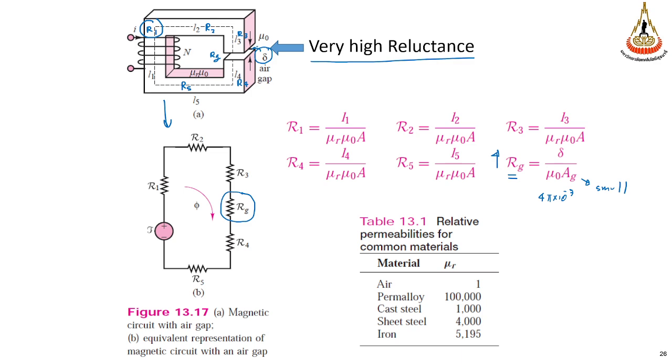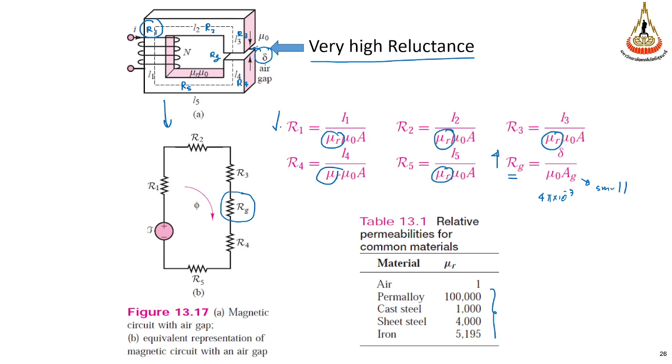So if we use a high permeability material to build this type of magnetic circuit, what happens? R1, R2, R3, R4, R5 will be very low. Very low. So if you use high permeability, like this, this is a high value, this is a high value.